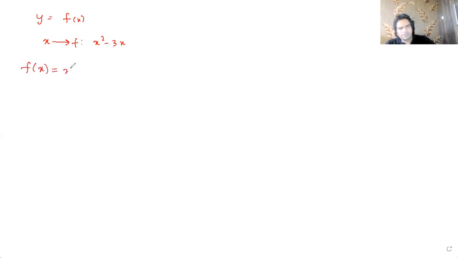Let's say f of x has been given as x squared minus 3x. Now, our major objective will be to first understand the basic concept of functions, basic functions. Second will be understanding the domain and range.